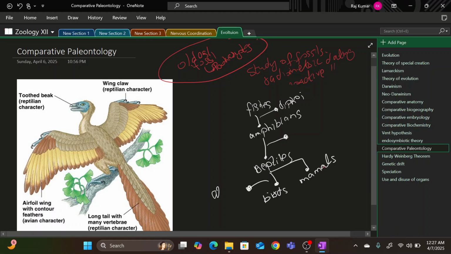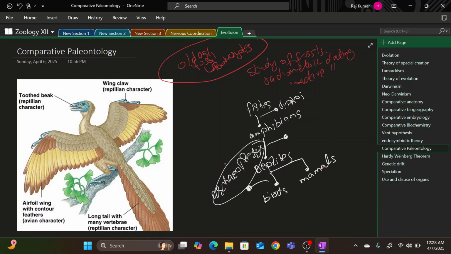The evolutionary relationship between reptiles and birds can be seen by the fossils of Archaeopteryx. Archaeopteryx was found in Germany. Barwalda was the name of the city, and over there the fossils of Archaeopteryx were found. It had bird-like characteristics and reptile-like characteristics. Bird-like characteristics such that its body was covered with feathers, it has a keeled sternum, and it has wings as well.